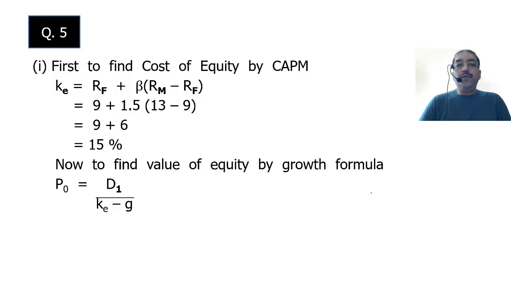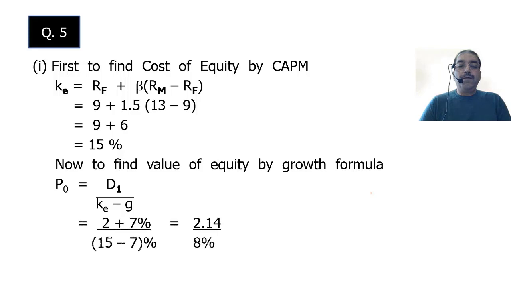D1 is D0 plus growth rate, 2 plus 7%, divided by 15 minus 7%. That is 2.14 divided by 8%. So you get first answer as 26 rupees 75 paise. 26.75.